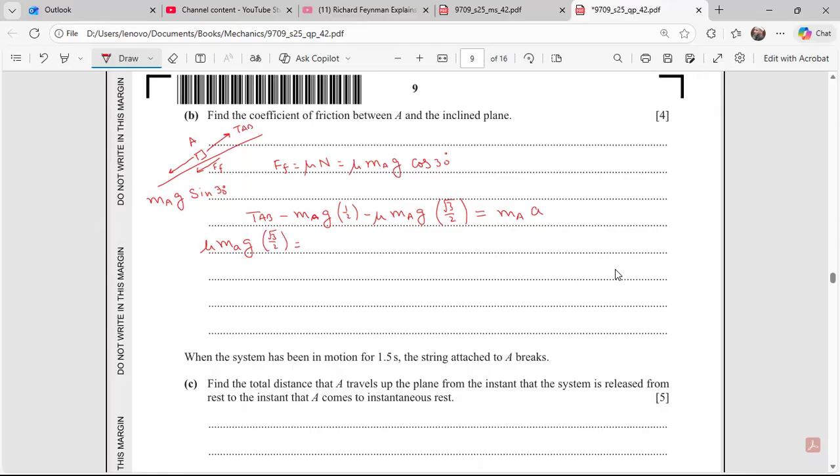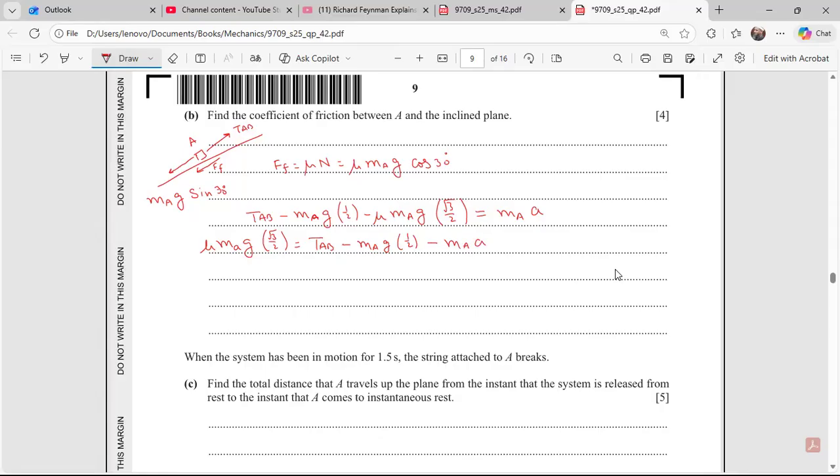So I'm analyzing these things. I took it on the other side. So I have TAB here minus MAG into 1 by 2. And this goes on the other side, and it will be minus MA into A.